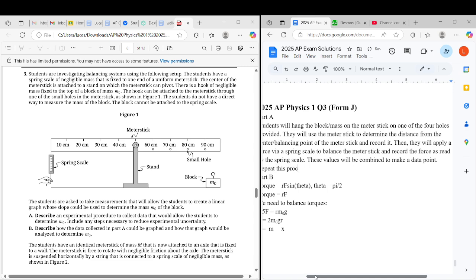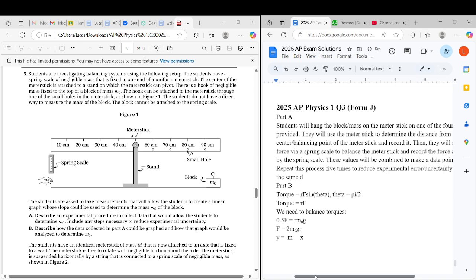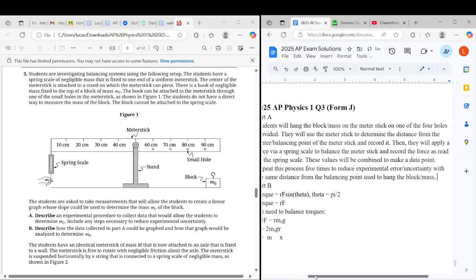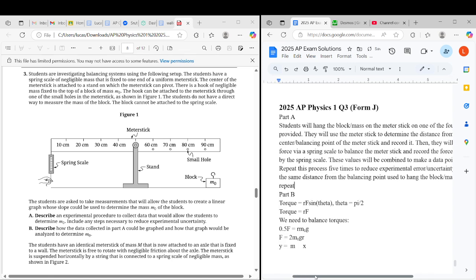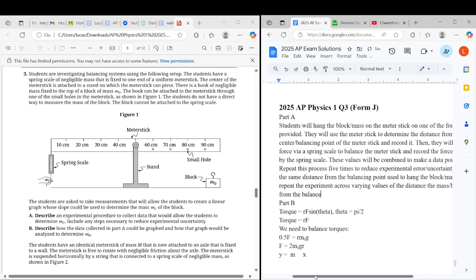Repeat this process 5 times to reduce experimental error or uncertainty, if you want to follow College Board's format, with the same distance from the balancing point used to hang the block or mass, and repeat the experiment across varying values of the distance the mass or block is from the balancing point.